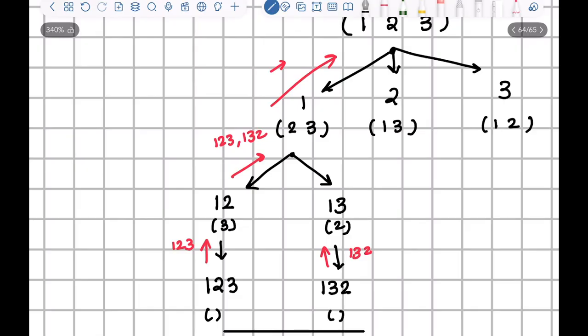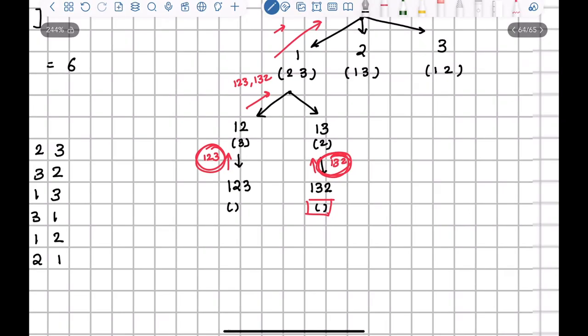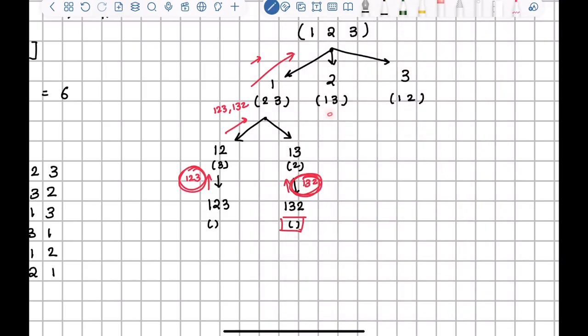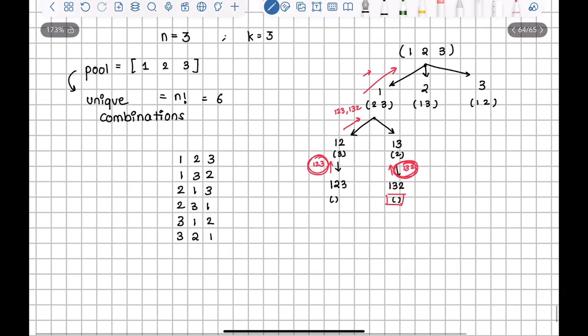In short, whenever our pool becomes empty, we are saving it, keeping track of all the permutations. The same thing will happen here as well, and here as well. So this is how we get all of these permutations, and we store them in a data structure. We can store them in an array list, we can store them anywhere.